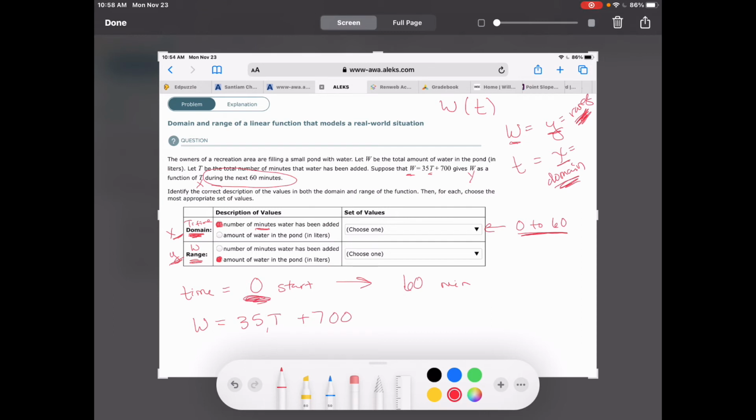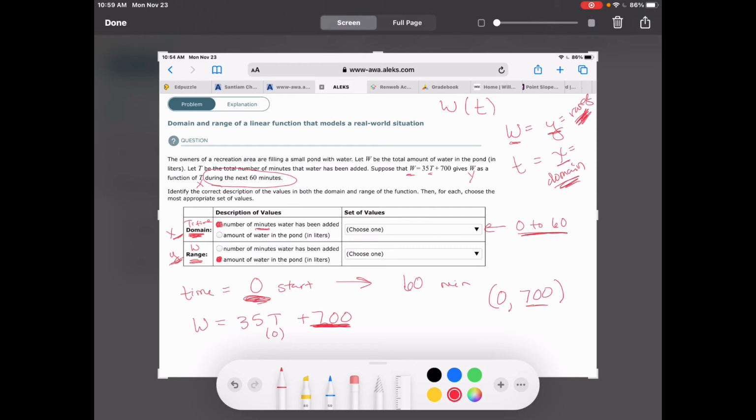So let's see what it is at 0 time. 35 times 0 is just 0, and 0 plus 700 is 700. So at 0 time, there are 700 liters of water in the pond. So this is actually our y-intercept, and it's where our line crosses the y-axis at 700, because that's our starting amount, and we can actually kind of see that in this form of an equation.